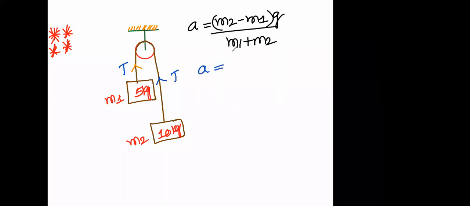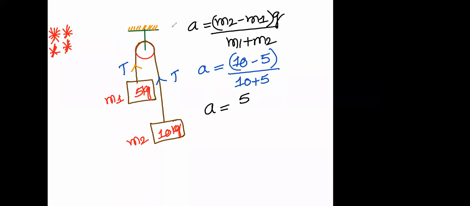So acceleration A is equal to (10 kg minus 5 kg) divided by (10 plus 5), into G. 10 minus 5 is 5, so 5 divided by 15 into G. The 5 cancels 15, three times. Then acceleration A is equal to G divided by 3.